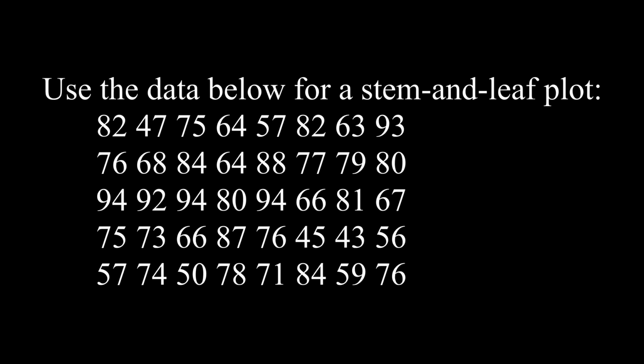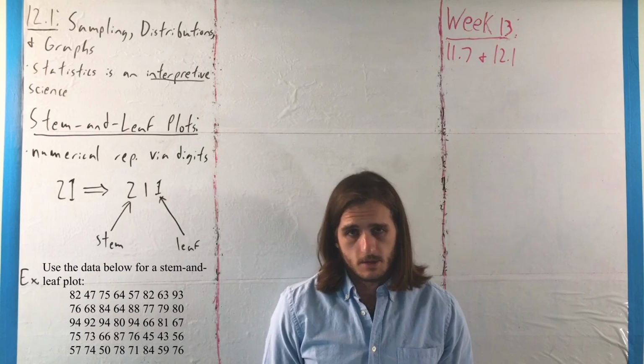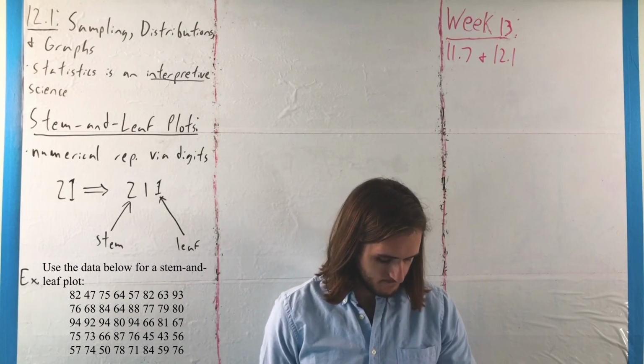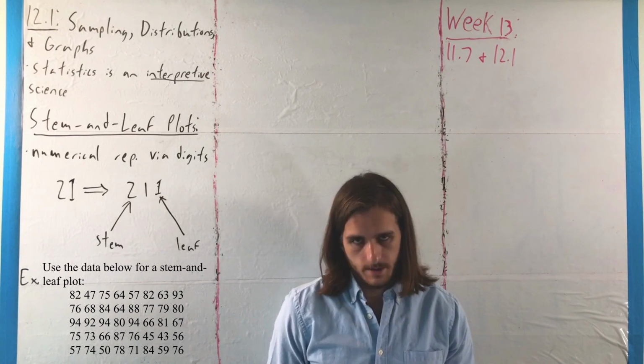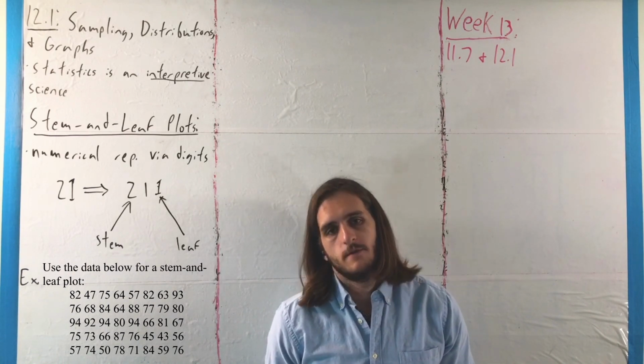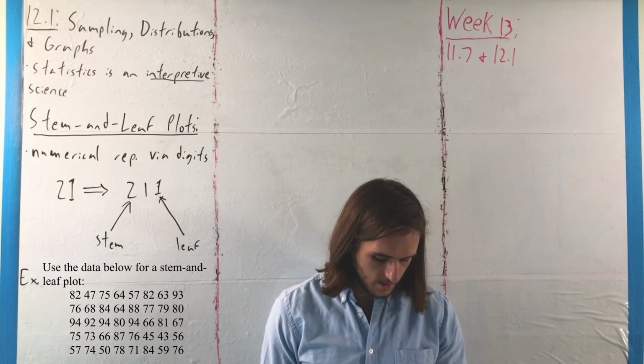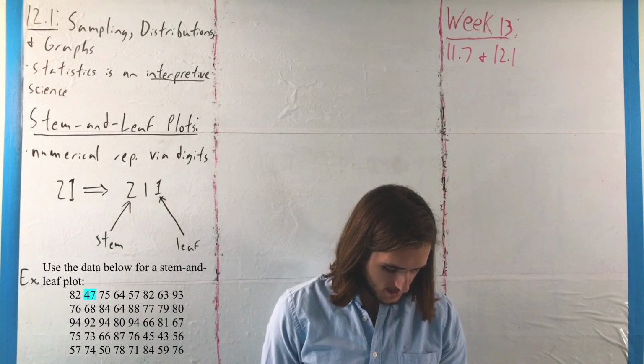For this, you want to use the data below for a stem and leaf plot, where yet again, I'm going to be too lazy to read all of those numbers. What we could do with this is look at all of these values and first identify what the biggest and smallest are in there, where we can see, hopefully, a 47 hidden in there.